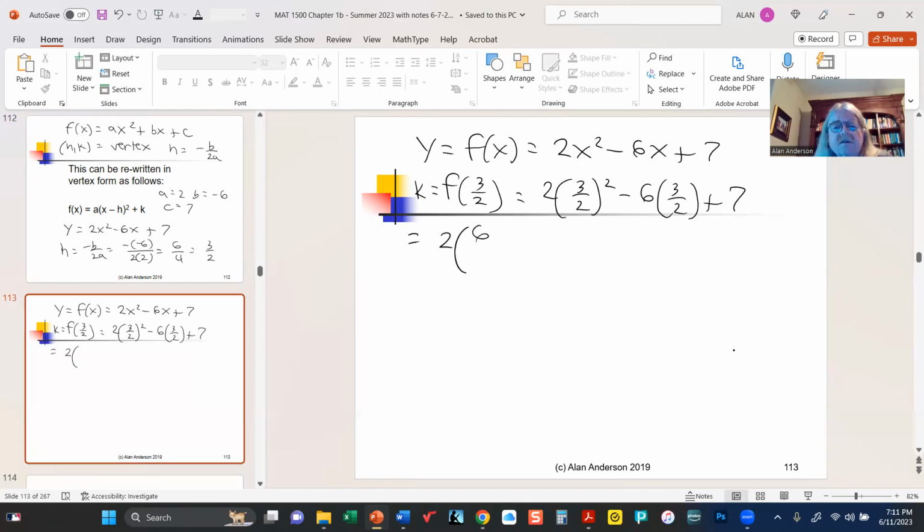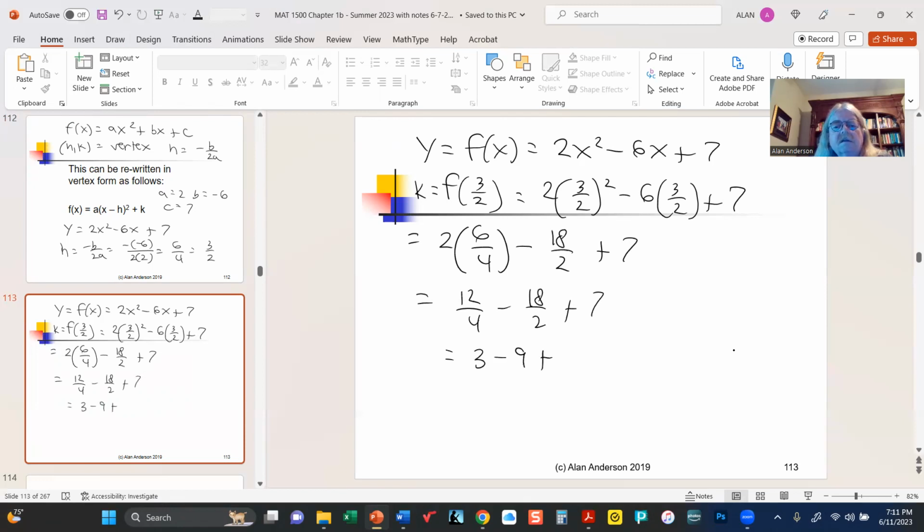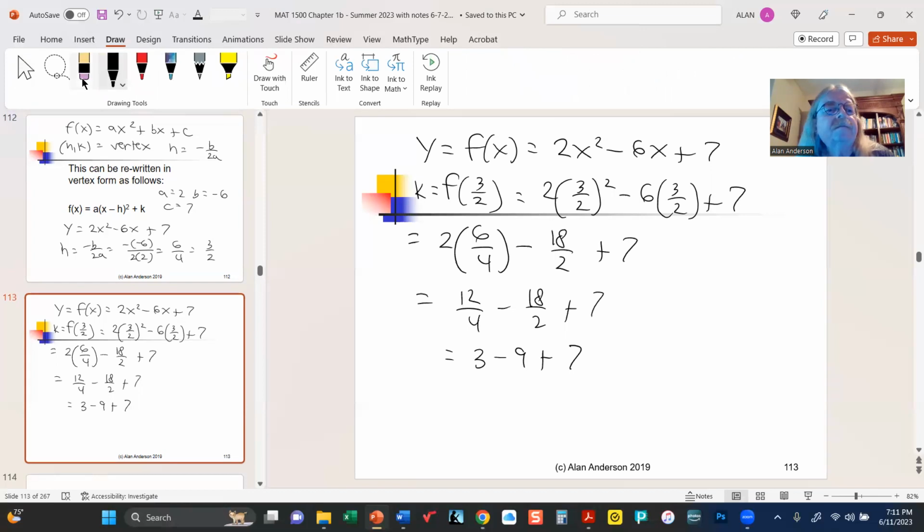So 2 times 6/4 minus 18 halves. Ooh, I just want to make sure I didn't make a mistake here. Nope, I sure did make a mistake right here. I knew something wasn't right. Hold on 1 second. Yeah, right there.